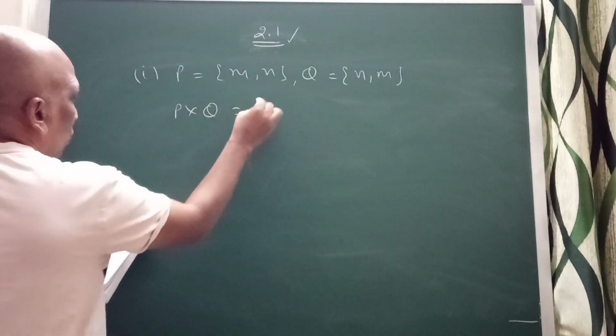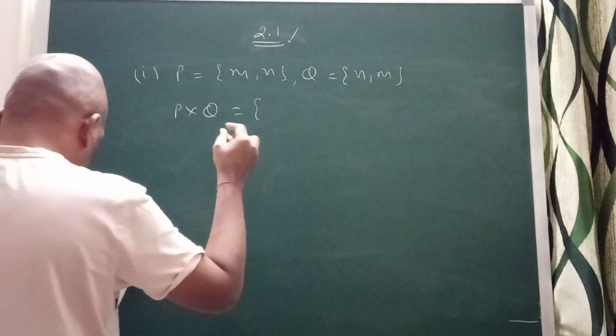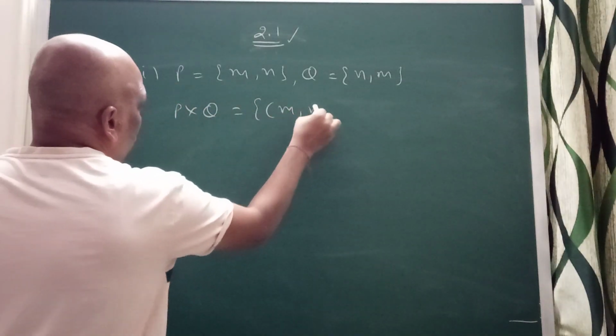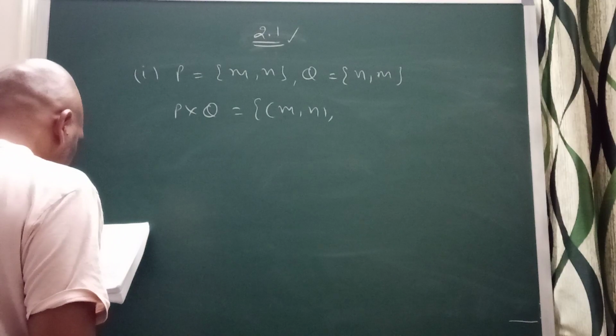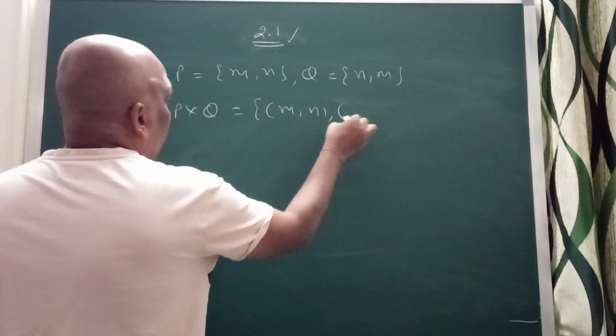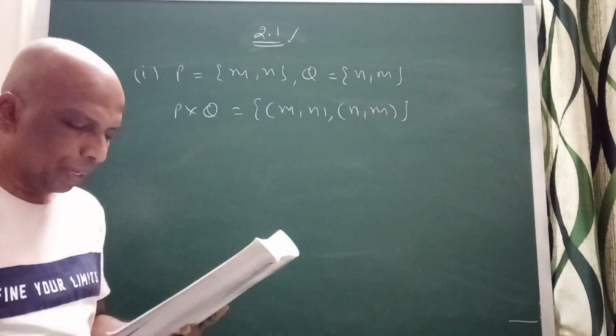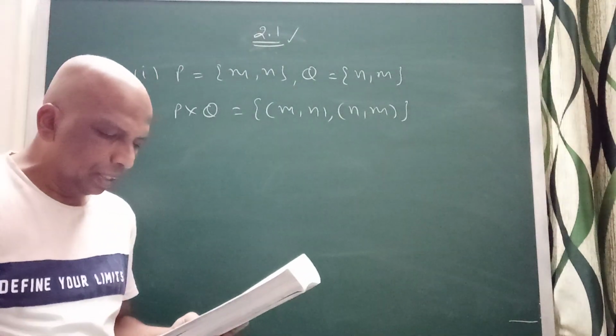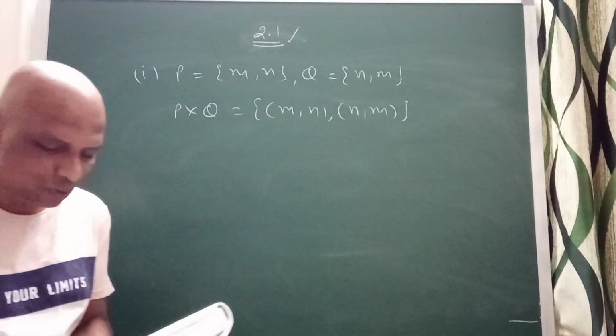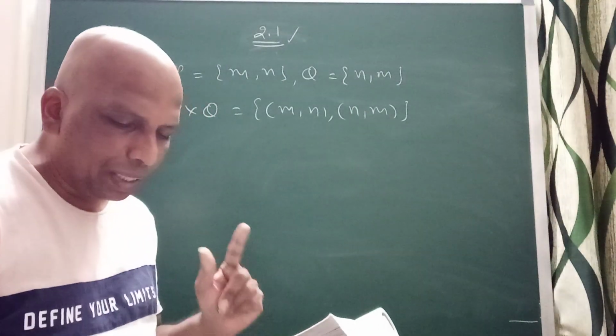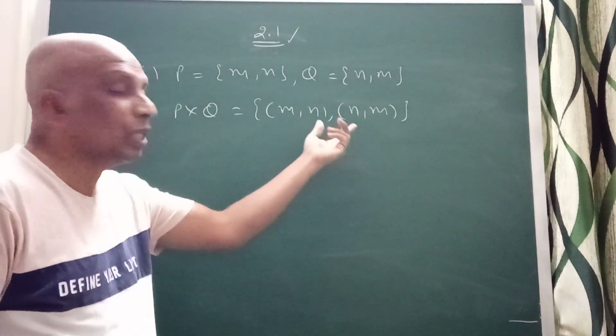So P cross Q is equal to the set {(m, n), (n, m)}. They are given these two ordered pairs.